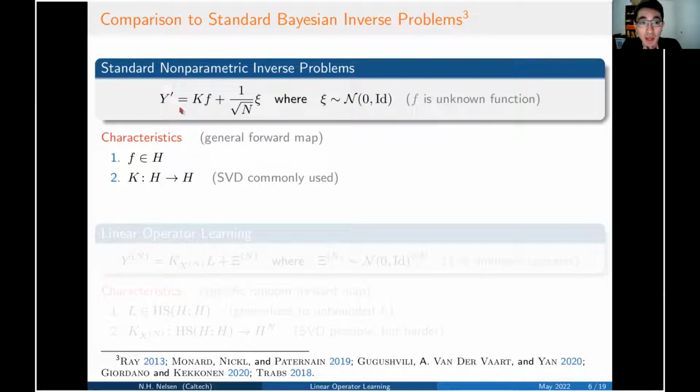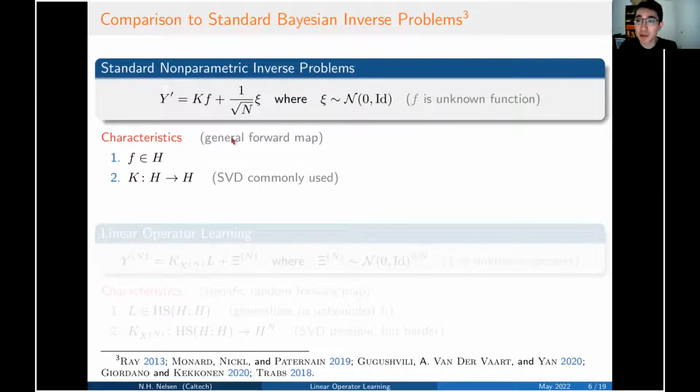We have a vector y hat in that Hilbert space H previously, and it's given by the action of an operator K on f. F here is our unknown function, our unknown parameter in this Bayesian inverse problem. And we're adding some additive noise that's scaled. This is the general model that is studied a lot in the Bayesian non-parametrics literature.